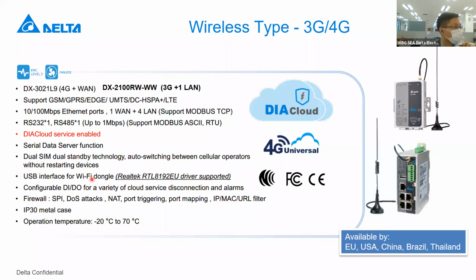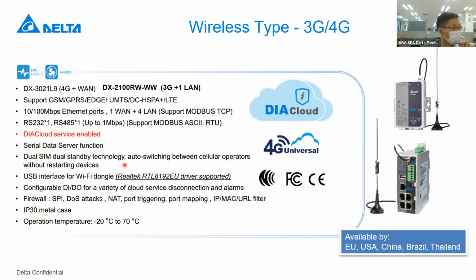Okay, and this is some specification. For the 4G type, we support dual SIM cards. So maybe in your country there are 3 or 4 top SIM card providers, the telecom companies.